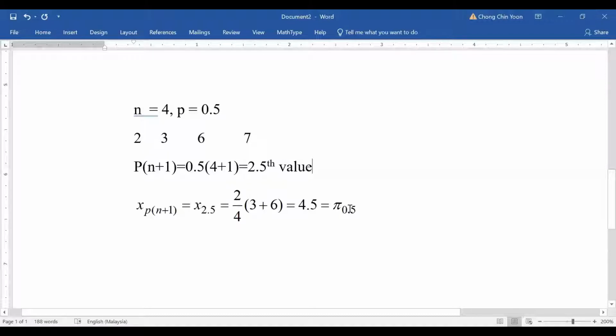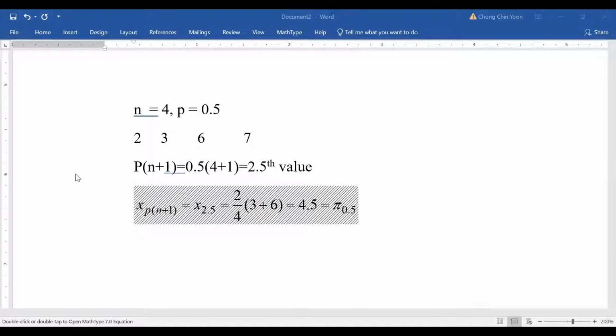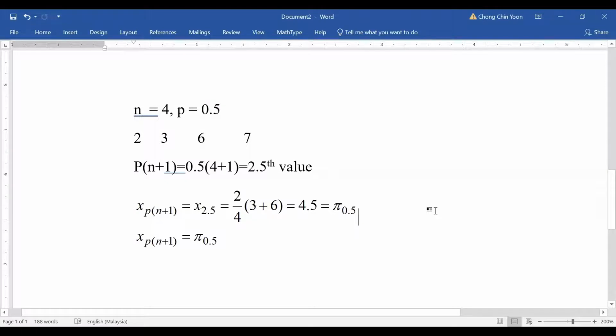Okay, so I want you to understand the meaning of this, just now, why this is equal. Because it comes from a very basic concept like the quartile or percentile.